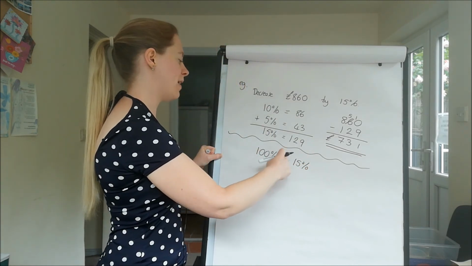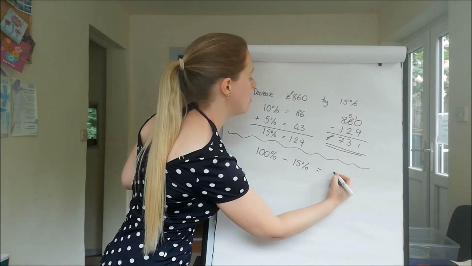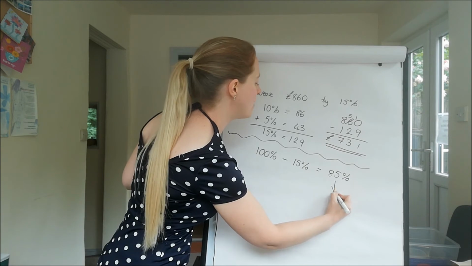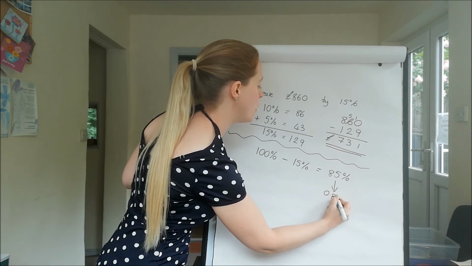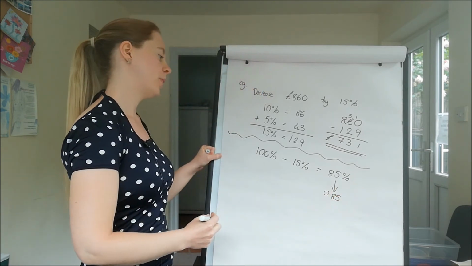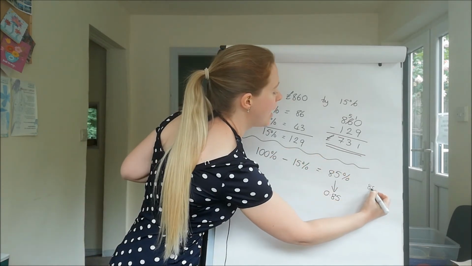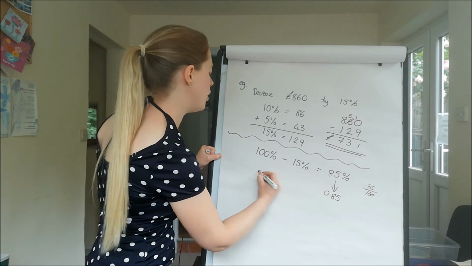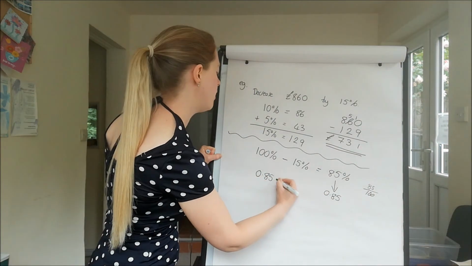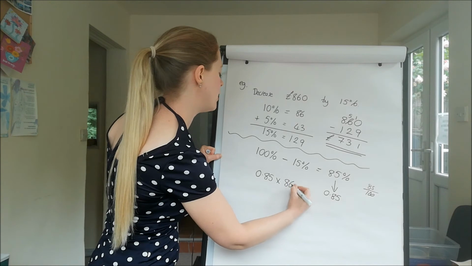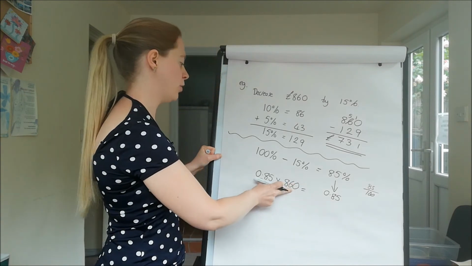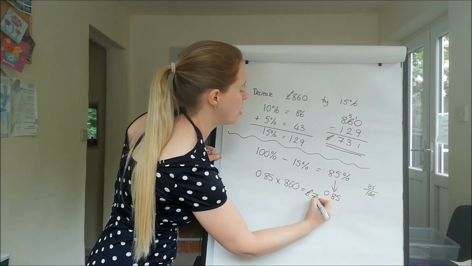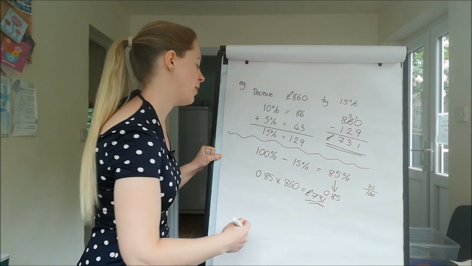So 100% take 15% will leave us with 85%, and that will be the decimal that we use in the multiply. Or if you're working with a fraction, 85/100ths. And then we'll do 0.85 times by 860. That will go into the calculator, and it will give us the same 731 that we had before.